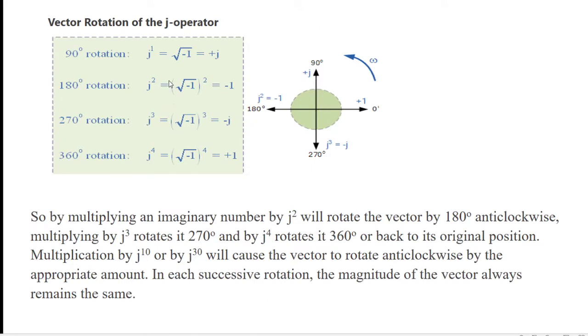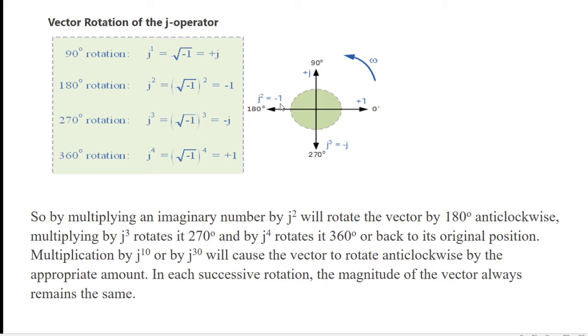So here the figure clearly shows the j operator operating on a certain vector. When we operate the j operator on a vector, it rotates through an angle of 90 degree in anti-clockwise direction. If again we operate on this vector by j operator, it rotates through an angle of 180 degree.